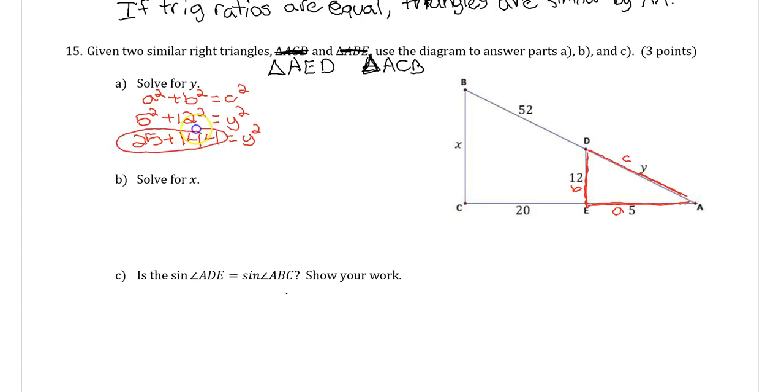These are on the same side, so I'm just going to add them. You get y squared equals 169. When I take the square root, y equals 13. I'm going to put that in there.